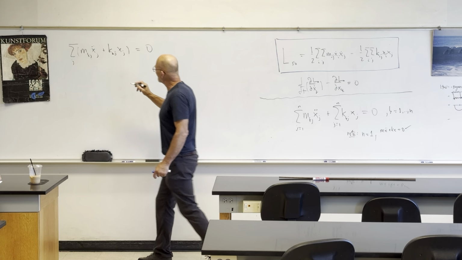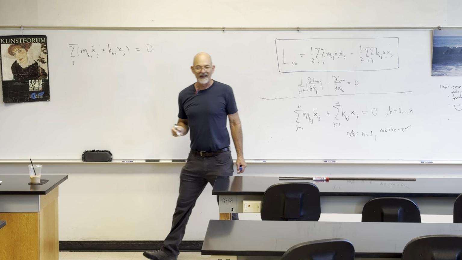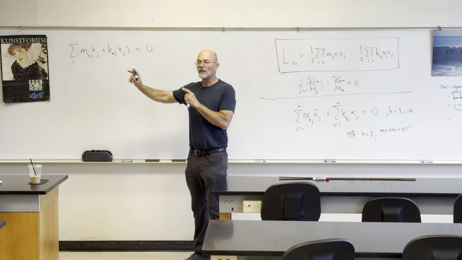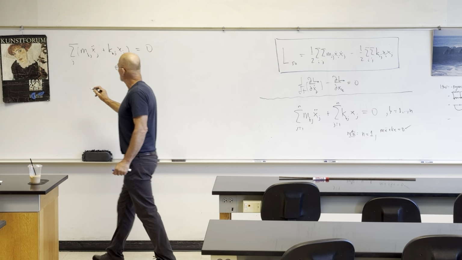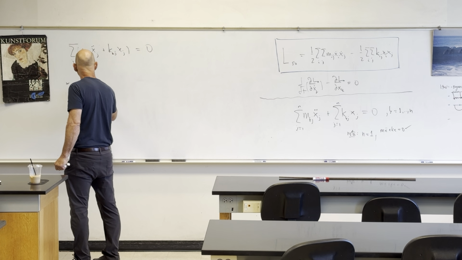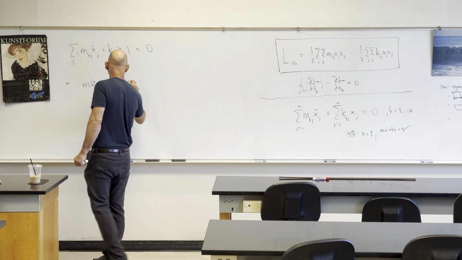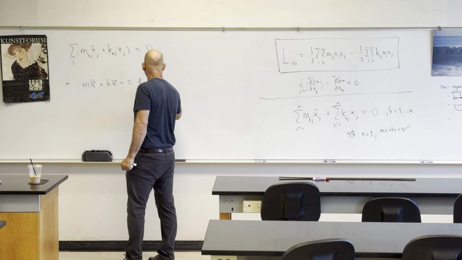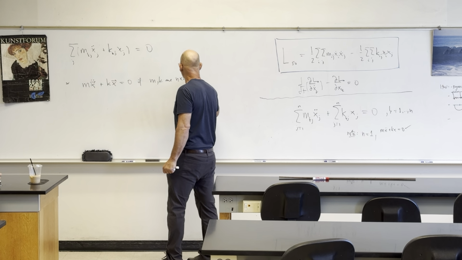What you see here in your mind's eye is matrix multiplication. These are just like formulas for matrix times vector. So let's call M the matrix: M x second derivative plus K x equals 0, if M and K are n by n matrices.